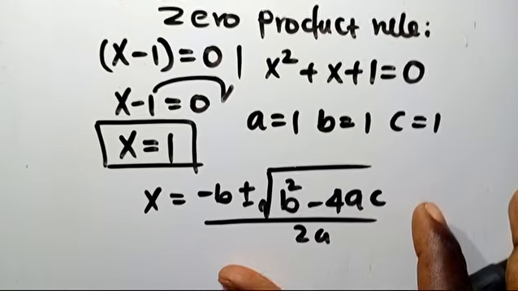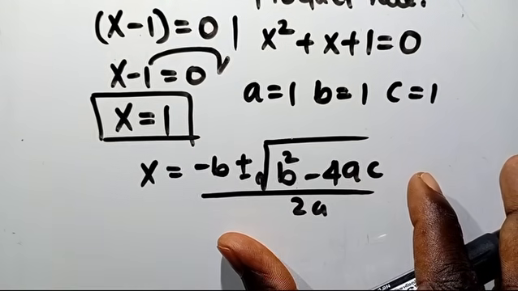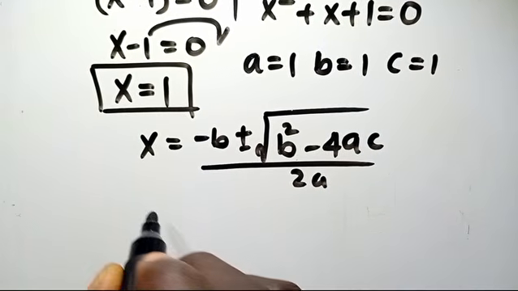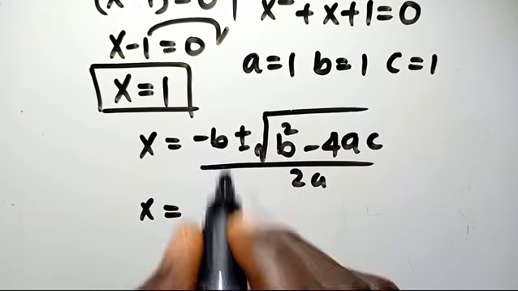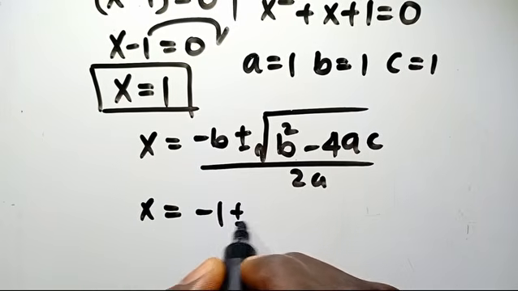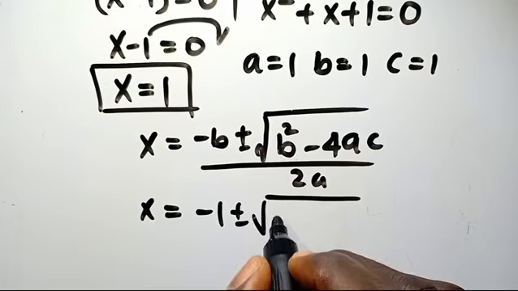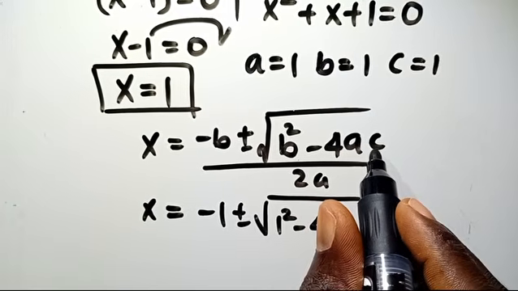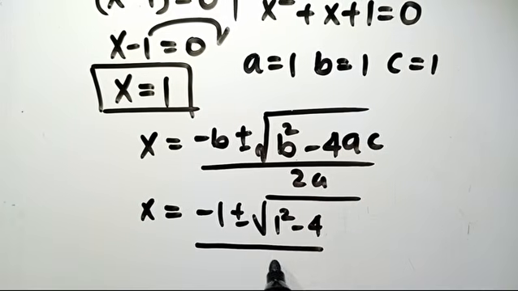Then let us now substitute everything here. So we are going to have x equals minus 1, positive or negative, square root of 1 squared minus 4 times a, 1, times c, 1, over 2.